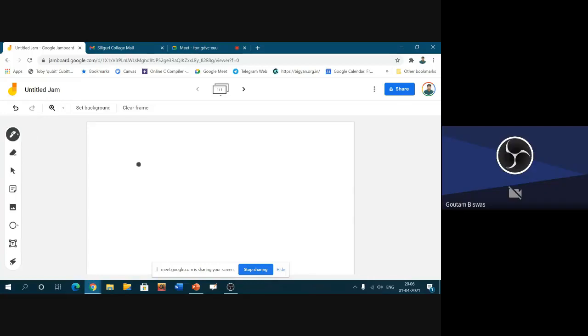See here. Suppose this is a vertex. You join them by lines. The lines may not be straight lines. So this is V1, then V2, V3, V4, and these lines are there.